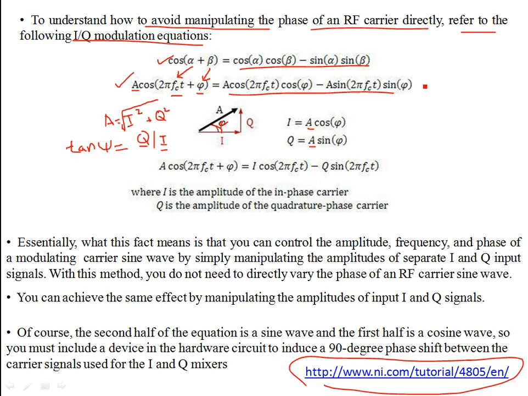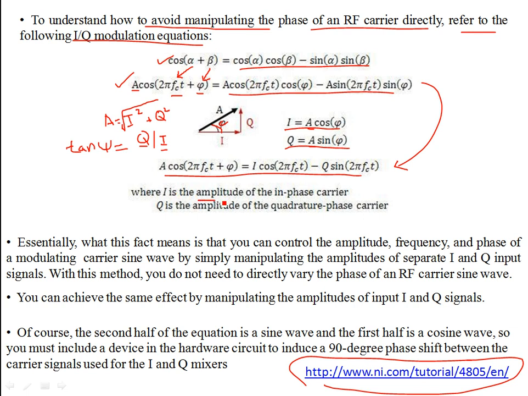So for example, from here to here, the third equation, it's not hard to see that if you substitute I and Q, where A cosine phi is substituted by I over here and Q is substituted by A sine phi, you can write the modulating carrier as such.